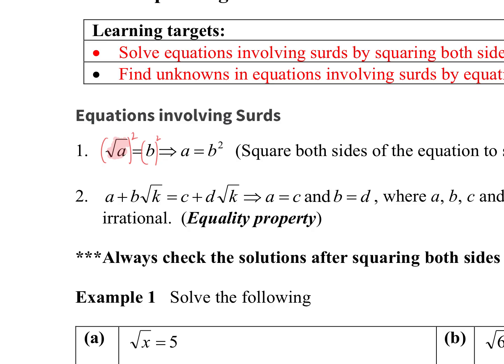Next one is if both sides are of the same form, you can just do a 1-to-1 comparison. So that means this number must be equal and this number must be equal. It's by the equality property.